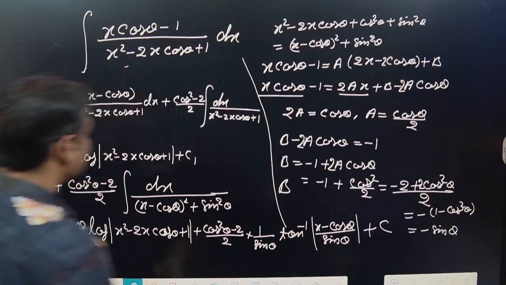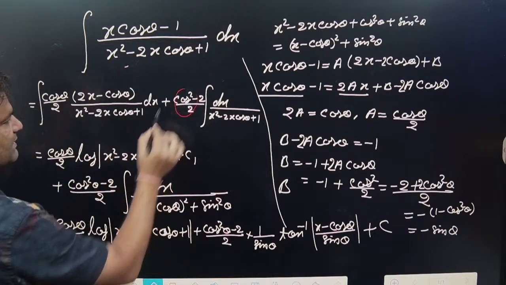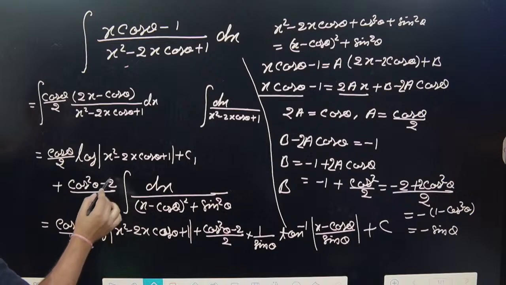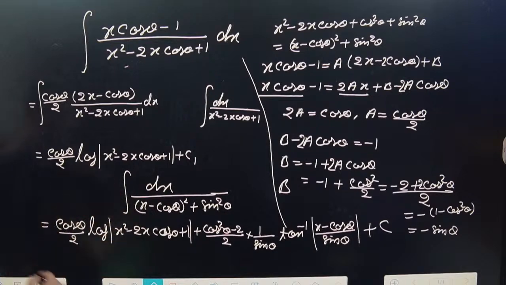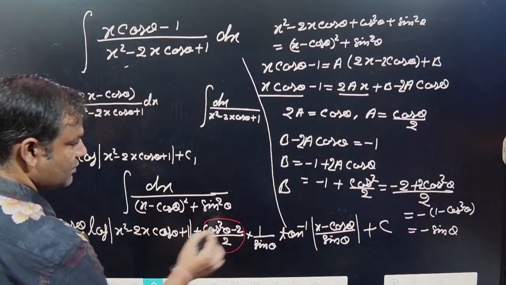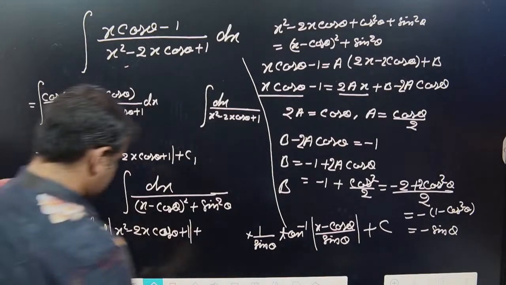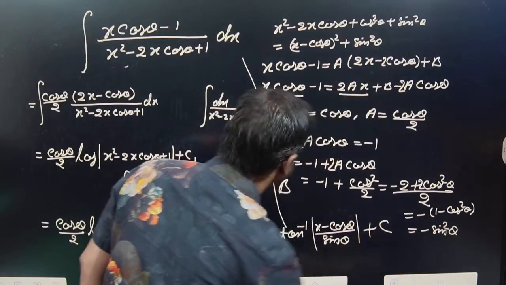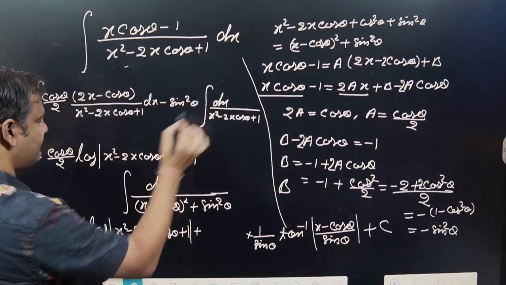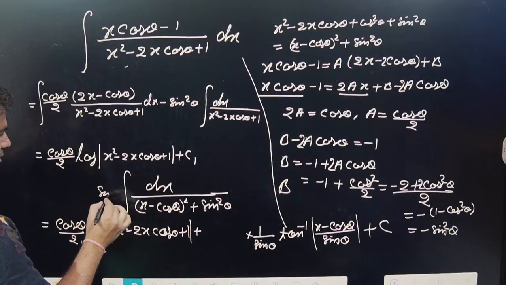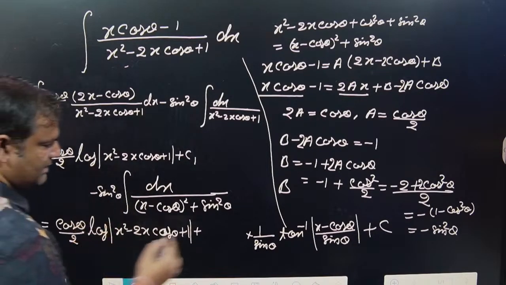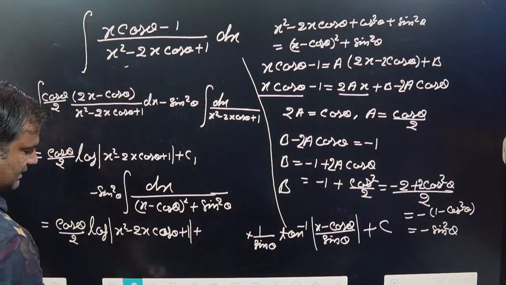Okay, silly mistake here. So that one is basically how much? Okay, and here sin square theta basically, minus sin square theta. So this one minus sin square theta, and here minus sin square theta, and here minus sin square theta, and the sin cancels.